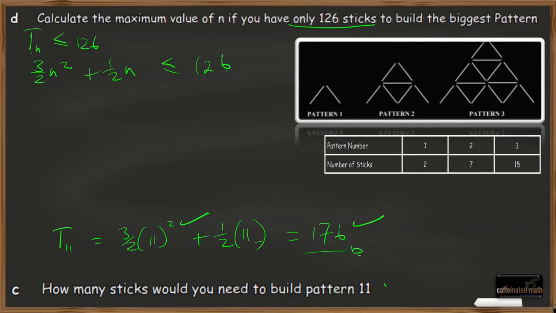Well then, let's just multiply everything by 2 because we want to get rid of these fractions. That becomes 252, but we need it in standard form, so this becomes 3n squared plus n, remember the 2's cancel, and then that's minus 252 less than or equal to 0.